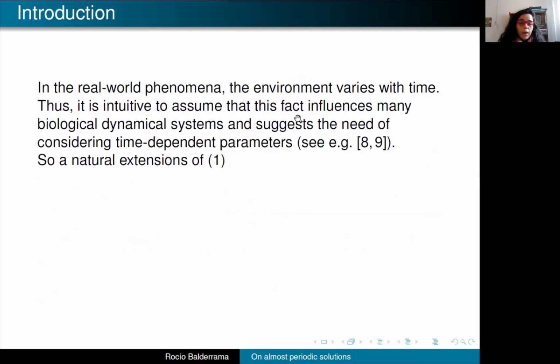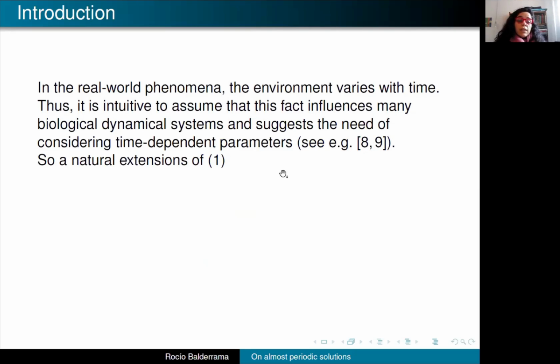So in real-world phenomena, the environment varies with time. It's intuitive to assume that this fact influences many biological systems, and that suggests the need to consider time-dependent parameters. There is a lot of work on this, as Elena mentioned.